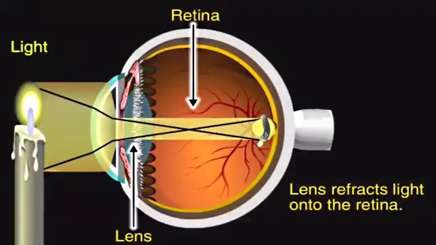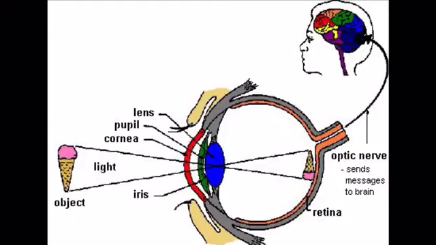Let us discuss the function of the human eye. Light reflects from the object and enters the eyeball through a transparent layer of tissue at the front of the eye called the cornea.